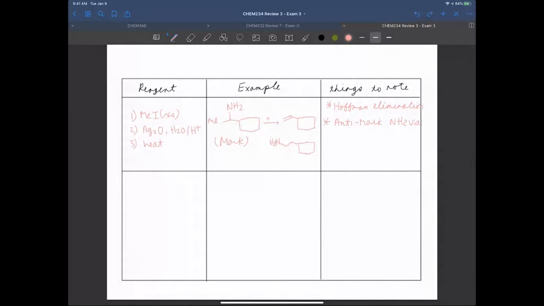After I have my elimination, I'm going to get my Hofmann alkene, right? So I can do BH3 and THF, and then step 2, hydrogen peroxide and NaOH.